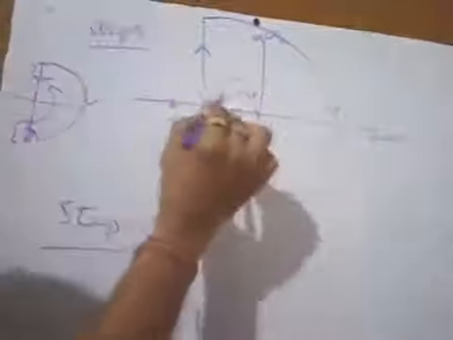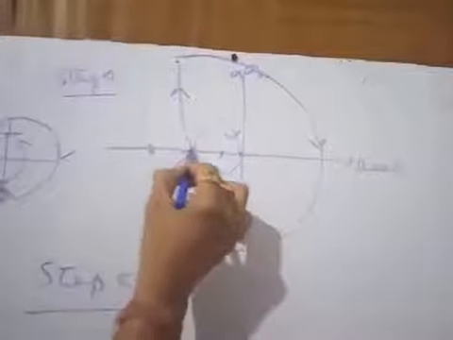Depending upon this value, this is the point of interest. If this point is outside minus 1 plus j0 or inside minus 1 plus j0, in order to find that out, first of all we have to identify the point of intersection with the real axis.